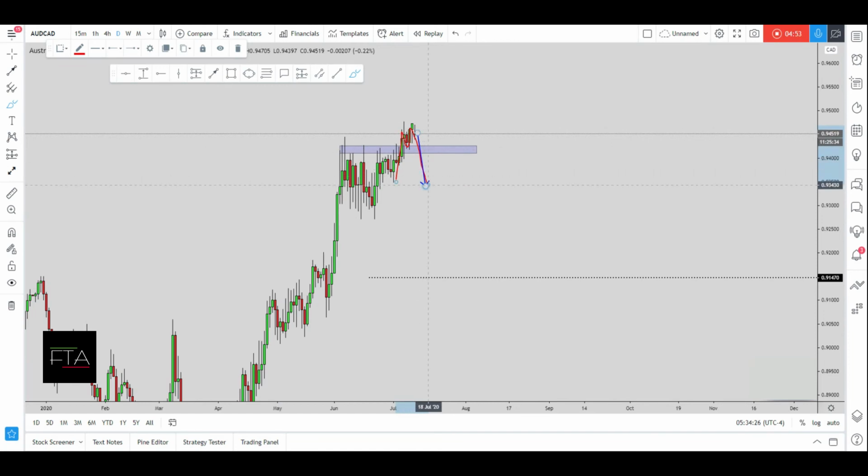And after an M formation, what do you expect? After an M formation, you expect the market to make a move to the upside and complete the pattern at the neckline, specifically the previous support and resistance that we have here, exactly as we have previously said. So after the break, on the retracement back to the area, here is where we will have the best probabilities and best risk to reward.